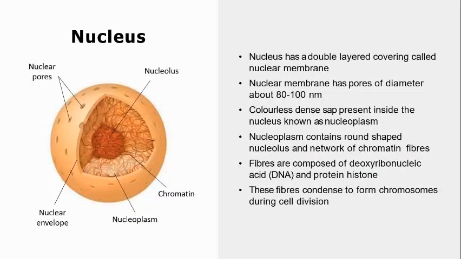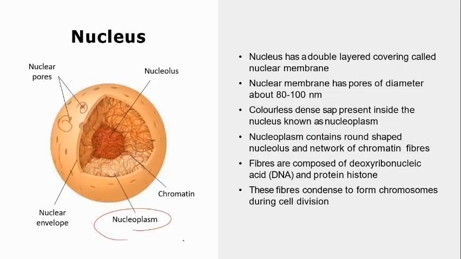The nucleus has a double-layer covering called the nuclear membrane. The nuclear membrane has pores of diameter about 80 to 100 nanometers. A colorless dense fluid present inside the nucleus is known as the nucleoplasm.